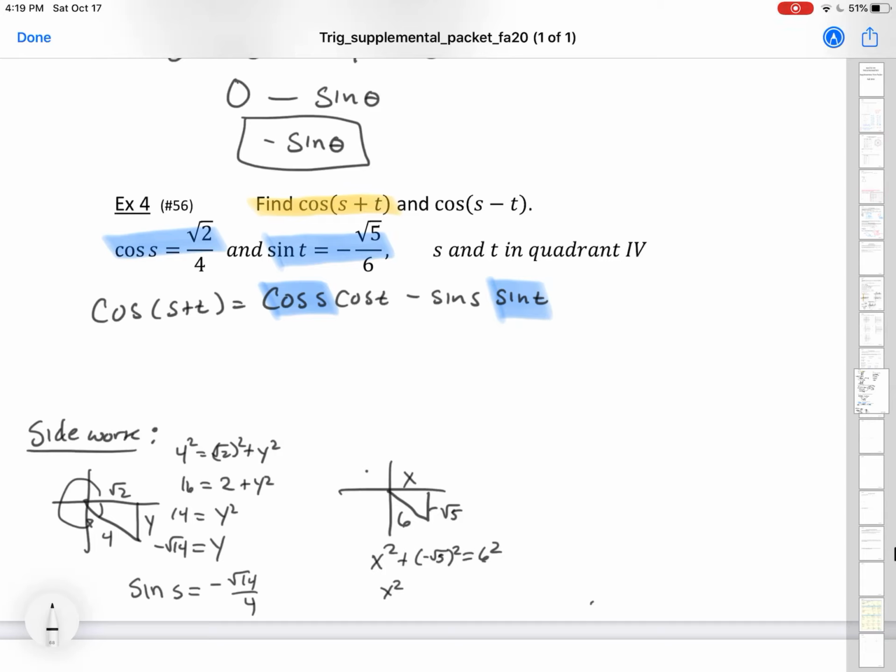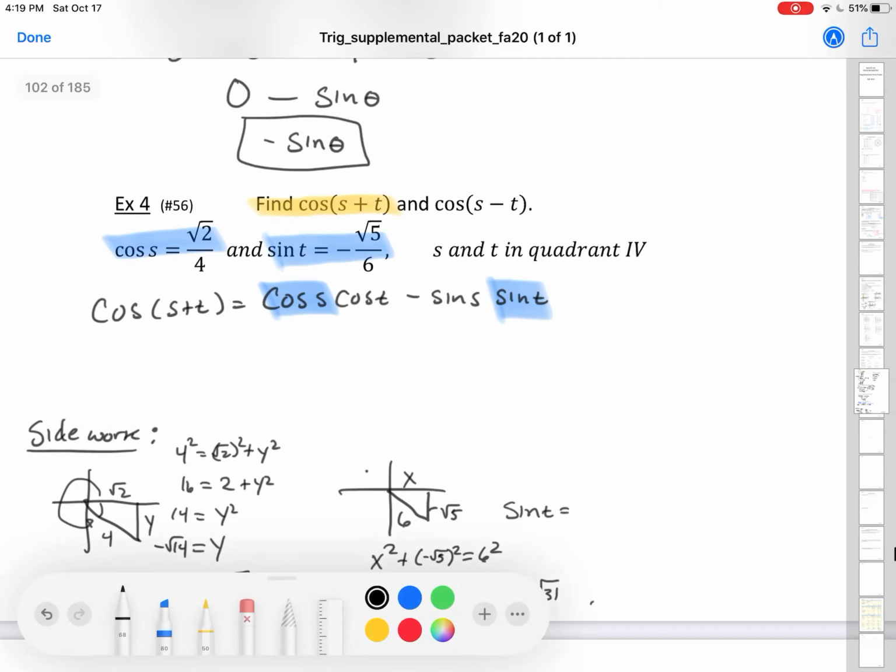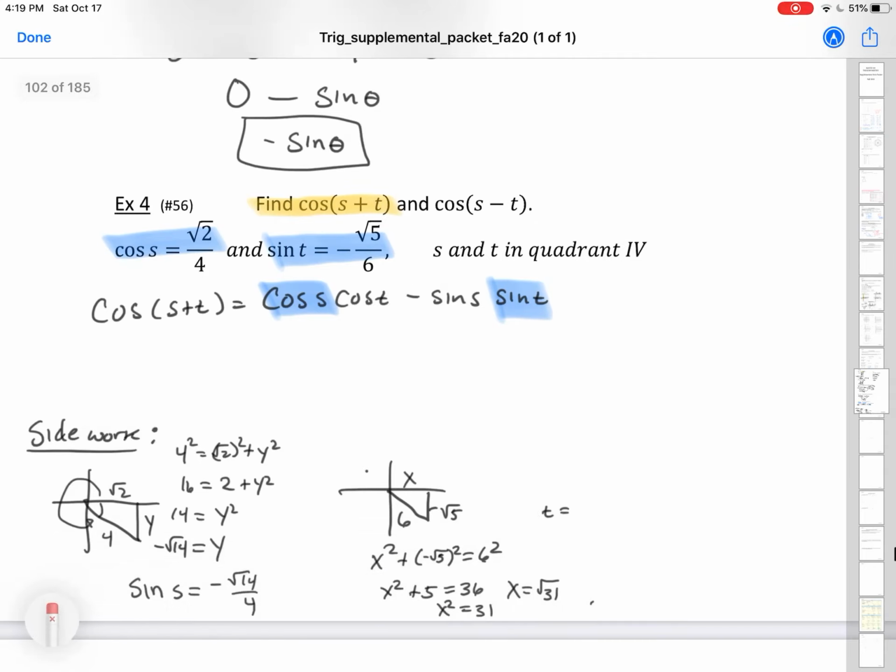So x squared plus 5 better be equal to 36, so x squared is equal to 31. So x is equal to the positive square root of 31. We knew the sine of t, and the cosine of t is equal to root 31 all over 6.